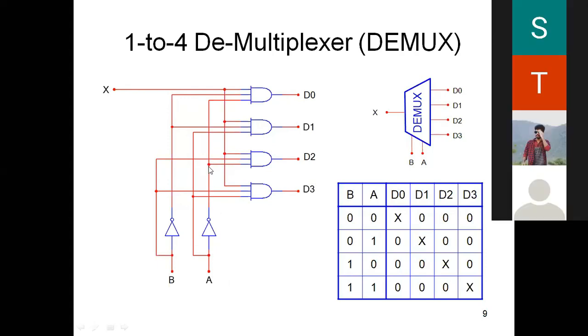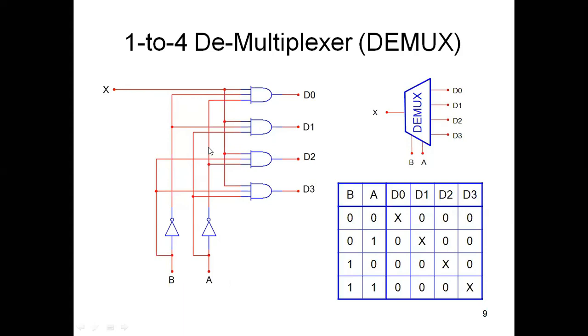A is complemented, that is A is 1. And next B is complemented and B is 1. And if X is equal to 0, 0 into 1 is 0. So here the output D naught is equal to 0.